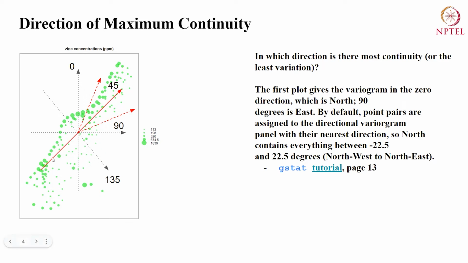But there may be situations where we don't want to consider points that are here and all the way here. Maybe there is some cutoff beyond which we don't want to consider point pairs. So if we are looking at this point, then maybe we only want to go to this distance, and beyond that we don't want to pair anything with this point because we don't believe that there is any relationship between points that are that far away.